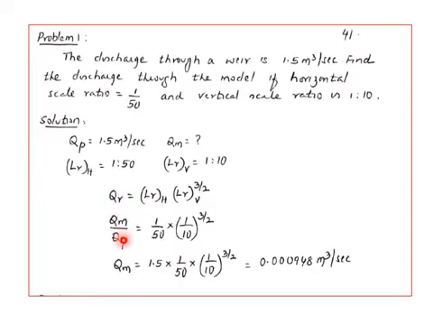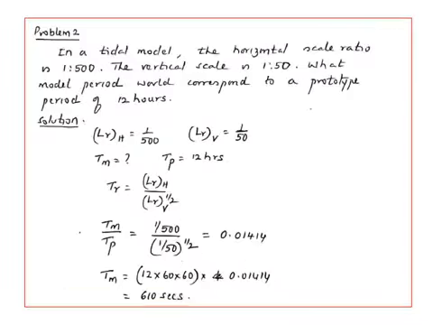It is QM by QP. The discharge in the model has to be found. So QP is given as 1.5 meter cube per second, LRH is given as 1 is to 50, LRV is given as 1 is to 10, to the power of 3 by 2. So that gives the discharge in the model. This is how we make use of the horizontal scale ratios as well as the vertical scale.